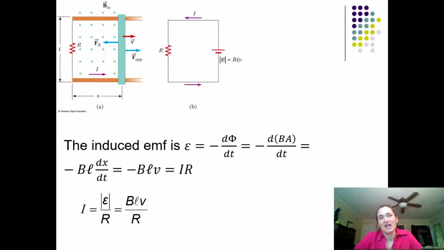That induced EMF would be equal to the current I times the resistance of our circuit, which we visualized as one little external resistor, and we called it R. So the current would be our induced EMF divided by that resistance: BLV over R.